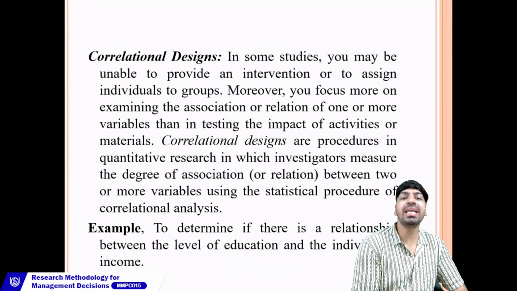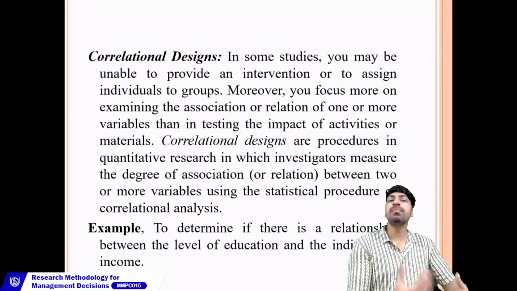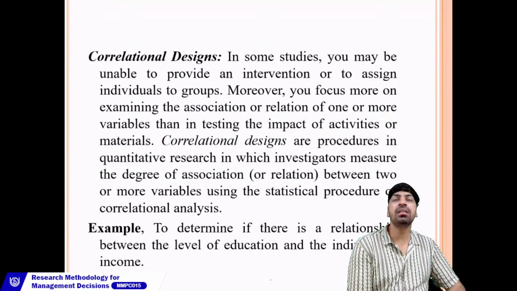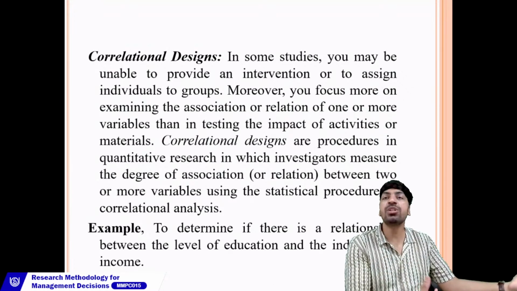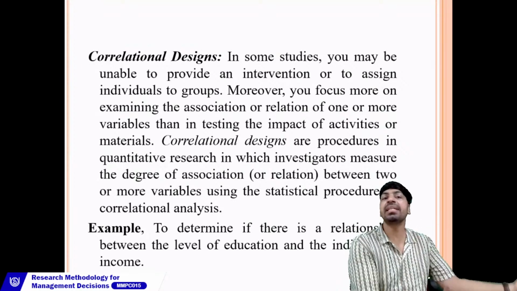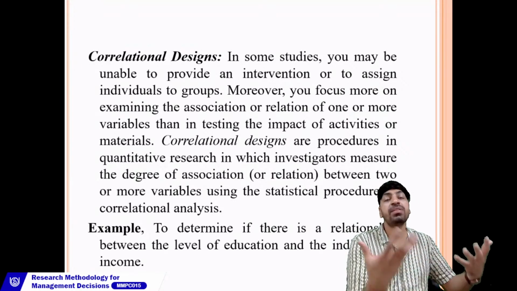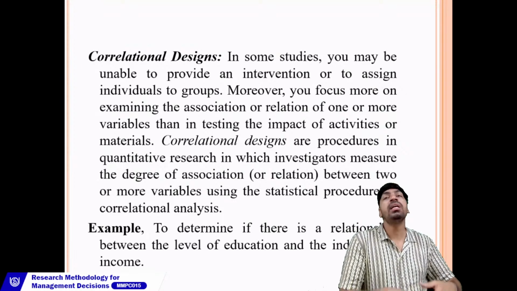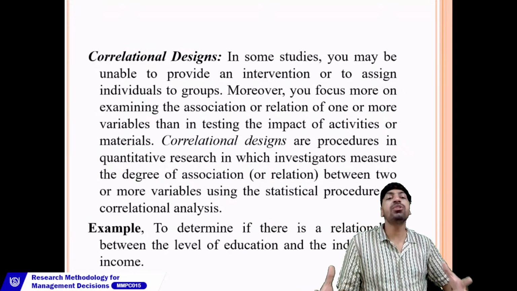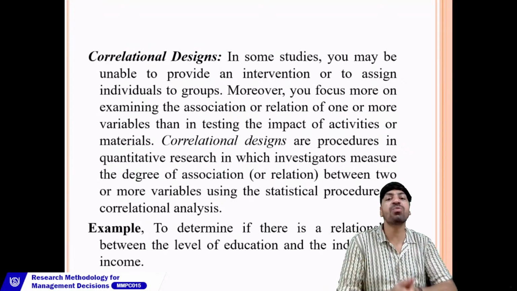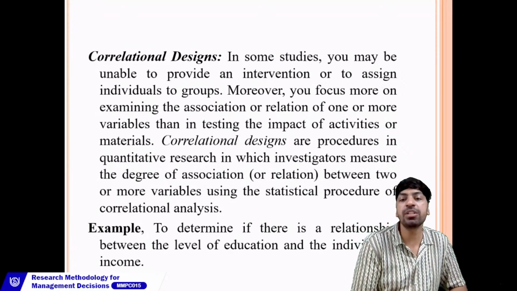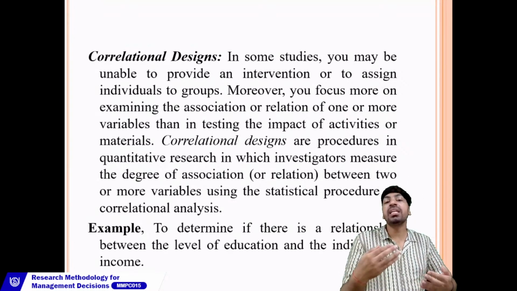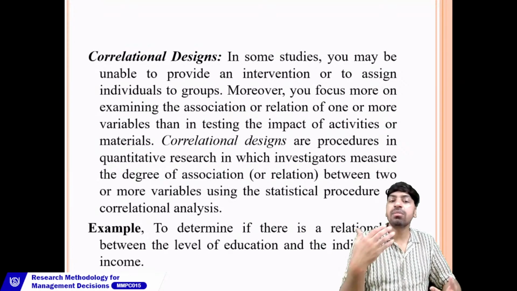Next is correlational designs. In some studies, it is very difficult to experiment or to assign individuals or groups to be tested. So it becomes essential to find out the relationship between such groups, to find out the impact level of such activities or materials on those groups.